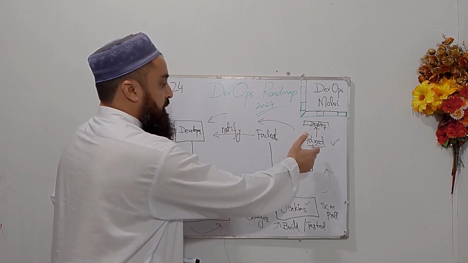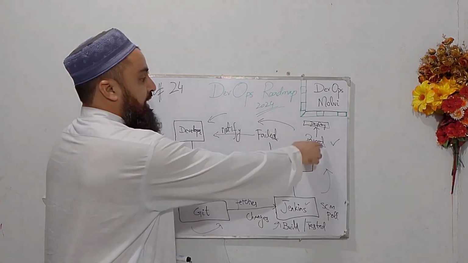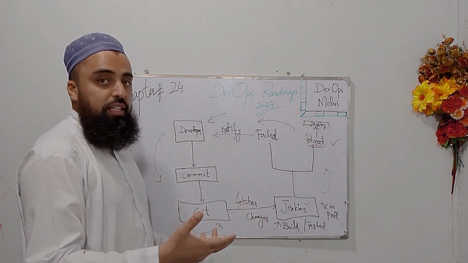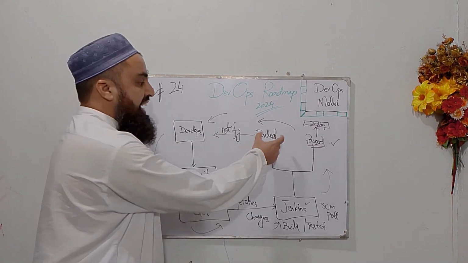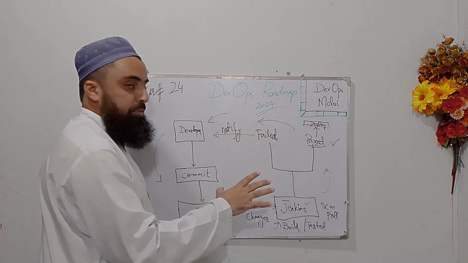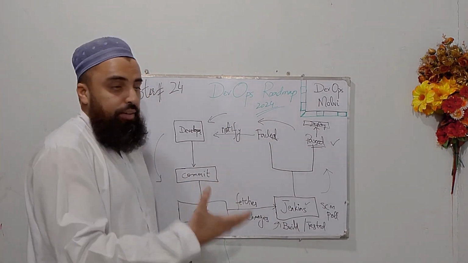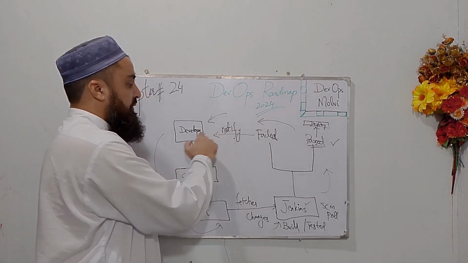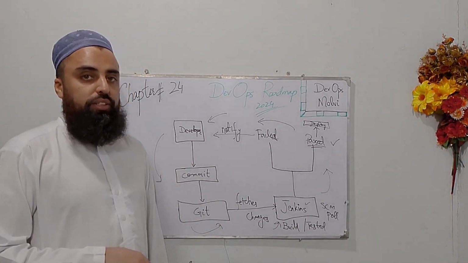After the code is passed, with no errors and no failures, that code is ready to be deployed on our dev, staging, or even prod environment. And if it fails, it is not deployed, because we do not deploy code with errors. At the same time, the developer is notified, and that's how continuous integration works.